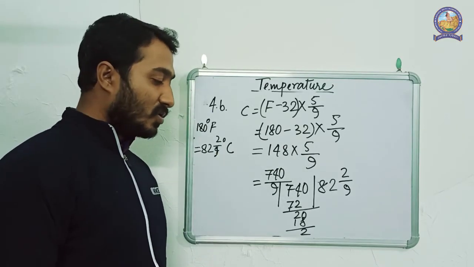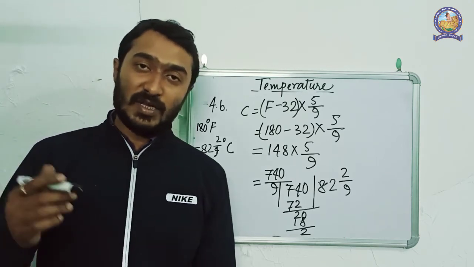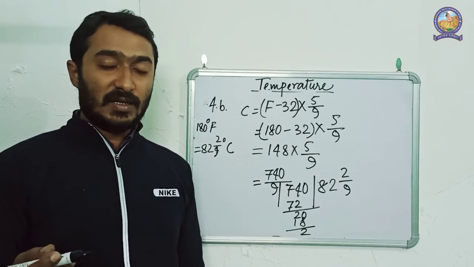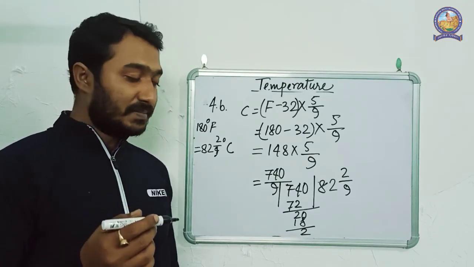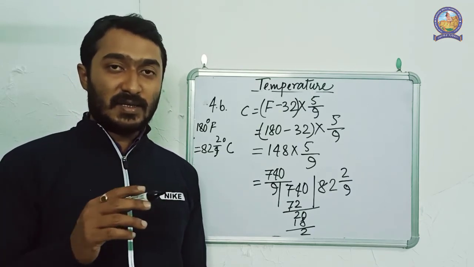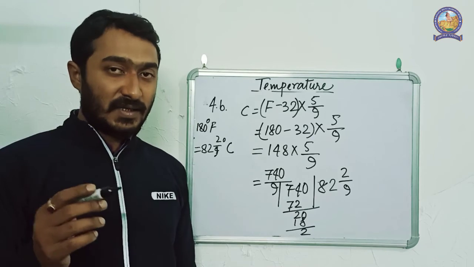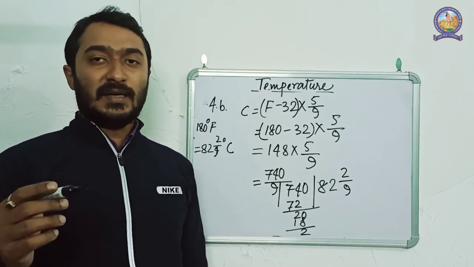So this is all about temperature. In today's class we have learned what temperature is. A device, the thermometer, is used to measure temperature. There are basically two types: degree Celsius, also named centigrade, and degree Fahrenheit.